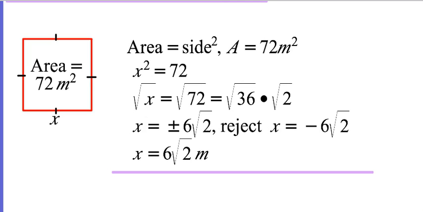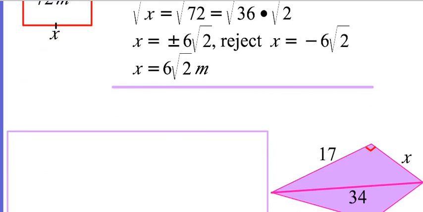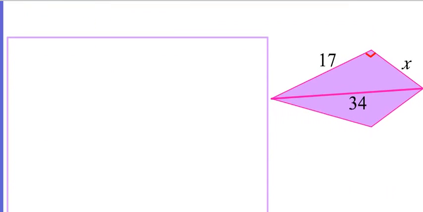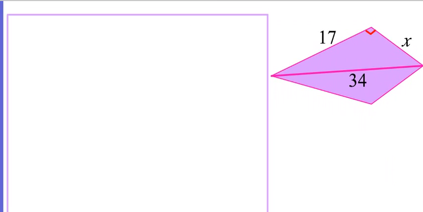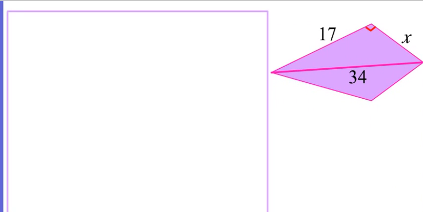Okay, let's try another example. This time we're going to use the Pythagorean theorem. Okay, so we were given this quadrilateral, and we were given that this interior angle is 90 degrees. This length is x, so that's what we're looking for.